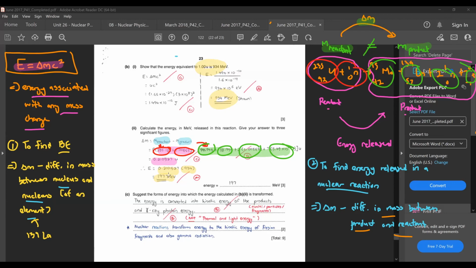All right. For binding energy, it doesn't matter if it's a reactant or product, anything can. For binding energy, if you want to find the mass defect, same thing as before.